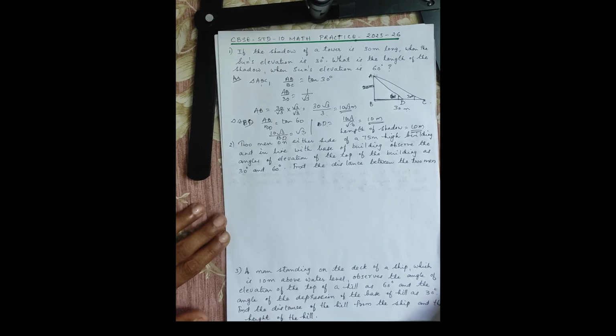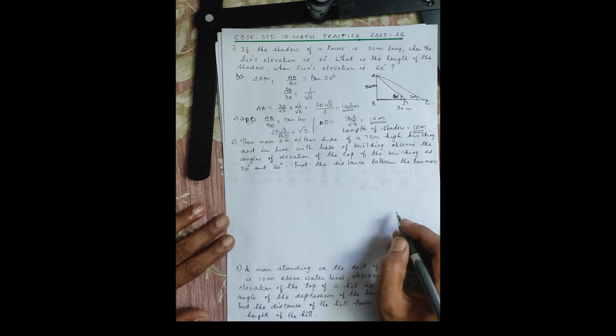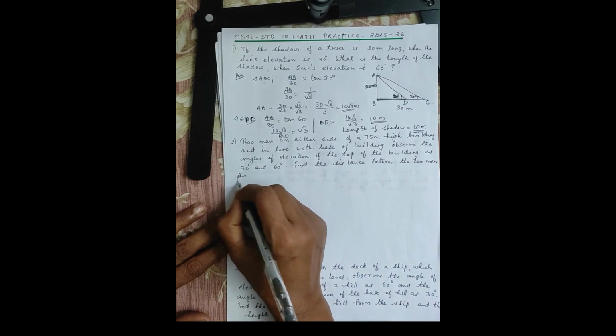Next question: two men on either side of a 75 meter high building and in line with the base of the building observe the angles of elevation of the top of the building as 30 degrees and 60 degrees. So we have to draw the figure.